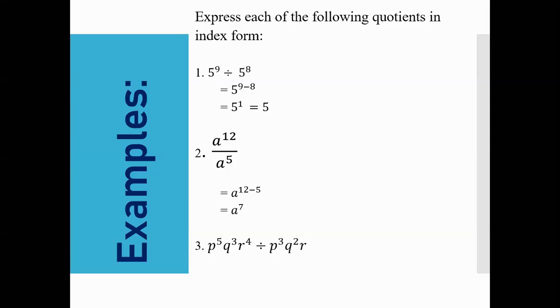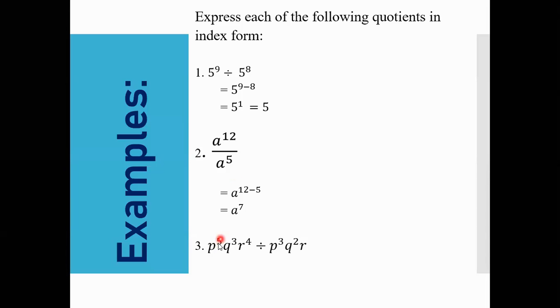So for example, because I'm dividing here, in order for me to subtract the exponent on the p, I have to find another p with an exponent to subtract. So the p's will go together.